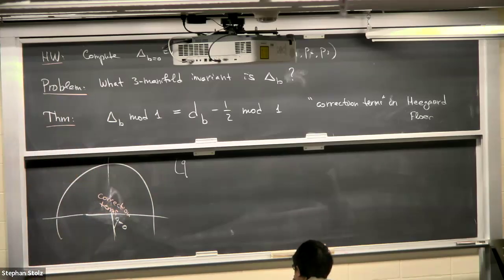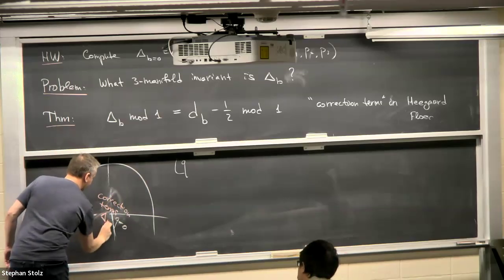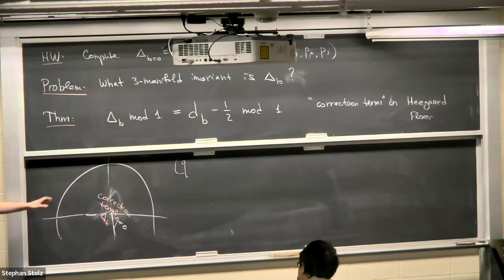That's exactly what these invariants delta are, which we need to understand further, because they control the behavior near Q equals 0.